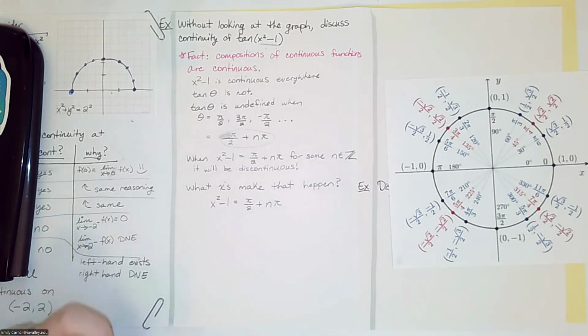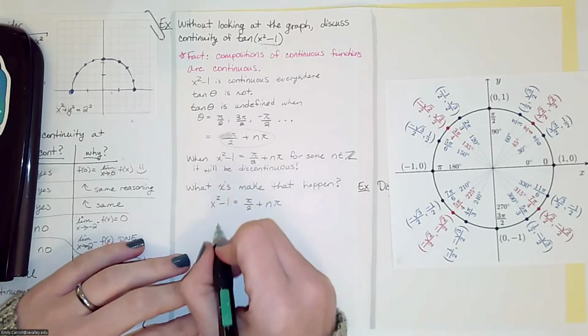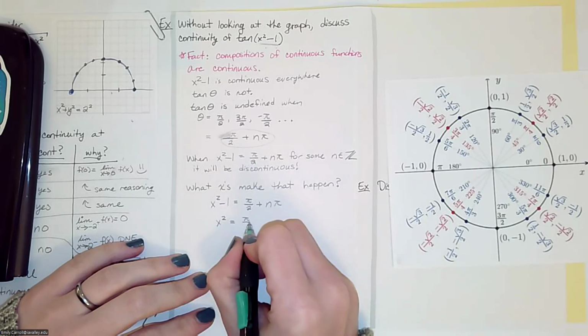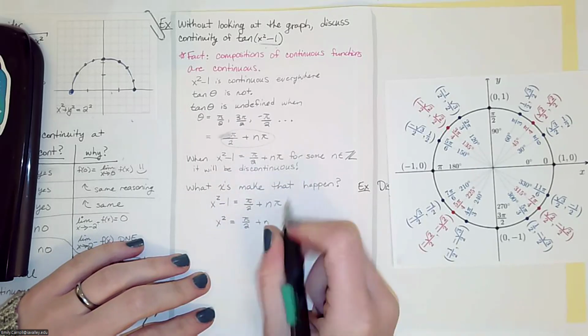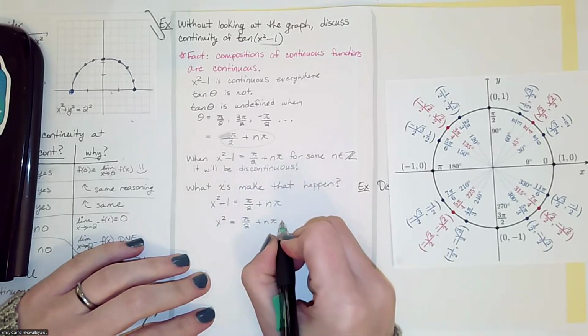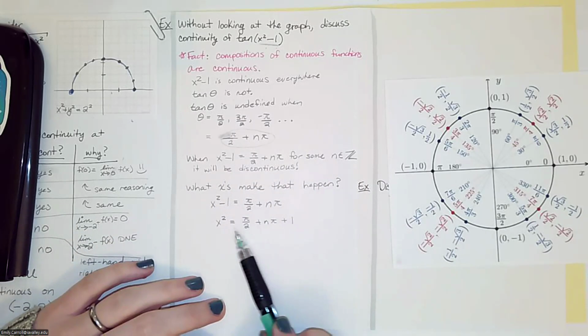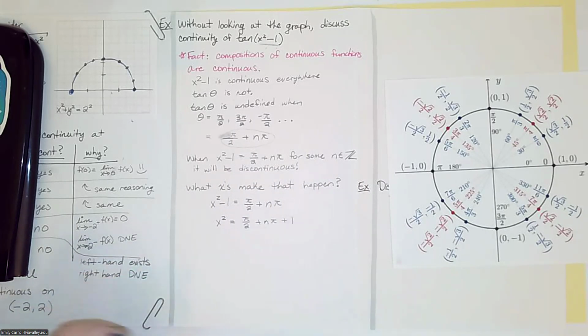I'm going to keep that as a letter and just let it tag along. All right, so I'm going to add 1 to both sides here. Pi over 2 plus n pi plus 1, right? Whatever n is, this is just a big ugly number, a real number.